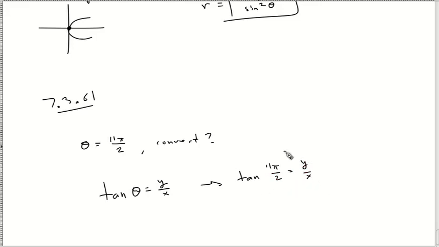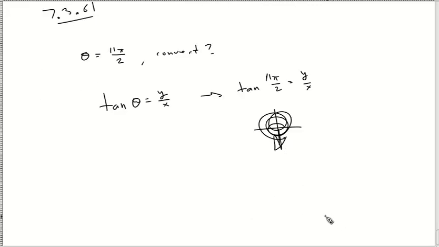What is tangent of 11 pi over 2? Well, you need to subtract 2 pi and all that stuff. Or you can go around a bazillion times and, wow, it's going straight down. Let's try that again. You go around a bazillion times and boom, straight down.